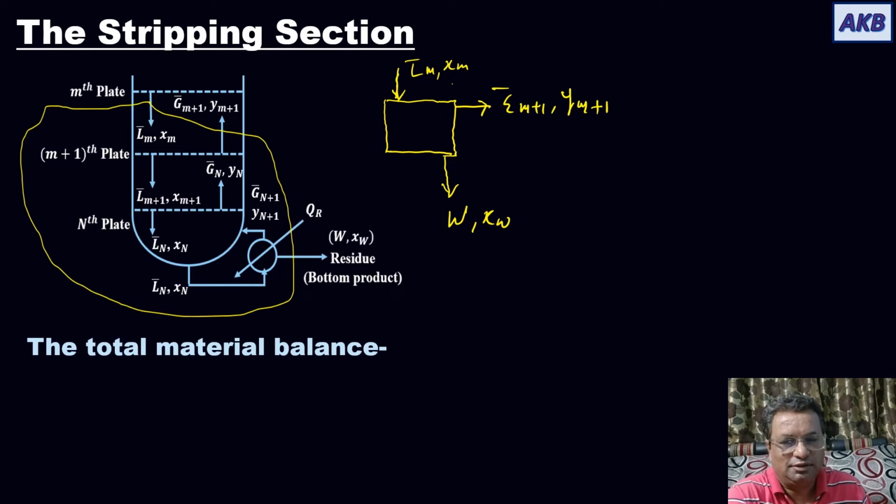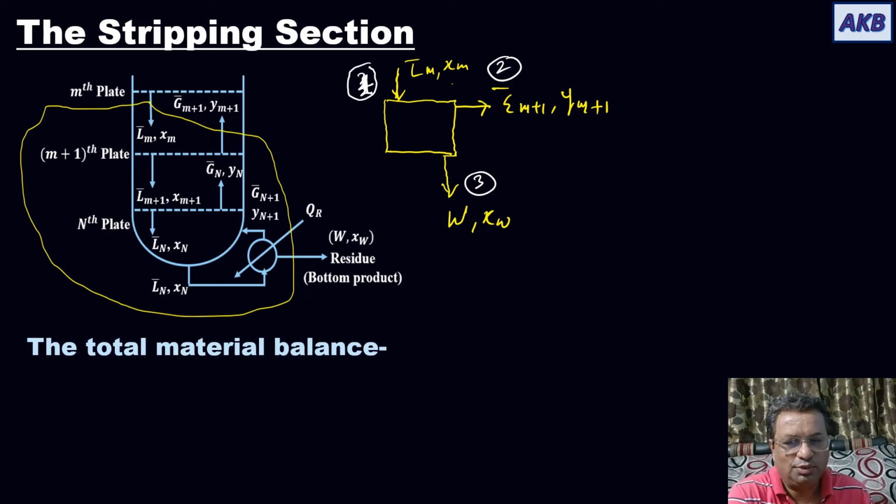I'm not showing the energy stream. Okay, so as far as material streams are concerned, how many streams are there? There are these three streams. The liquid stream that is coming from the mth plate, let this be 1. Then you have the vapor stream that is coming out of the m plus 1 tray, and the third stream is the residue stream.